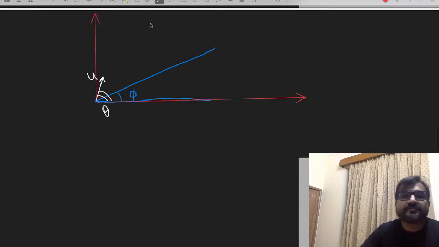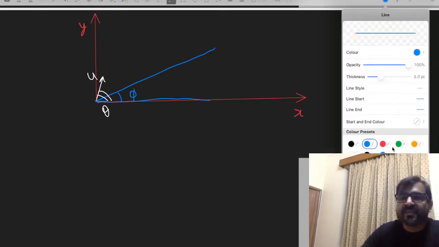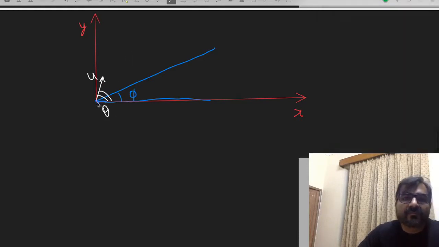Right? X and Y. And there is another choice here for the axis, that is along the incline.